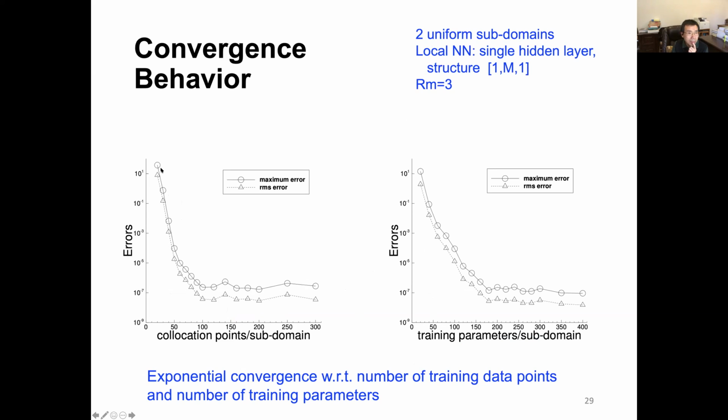You see exponential convergence, and then afterwards there's a level off, a saturation. These are the errors with respect to the number of training parameters per subdomain. We see close to exponential convergence here, and then there's a saturation.